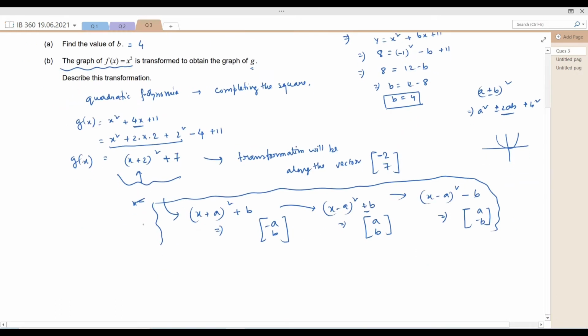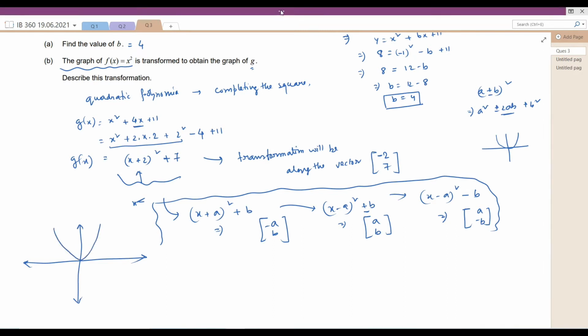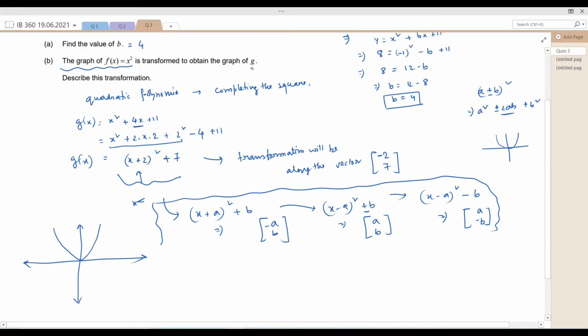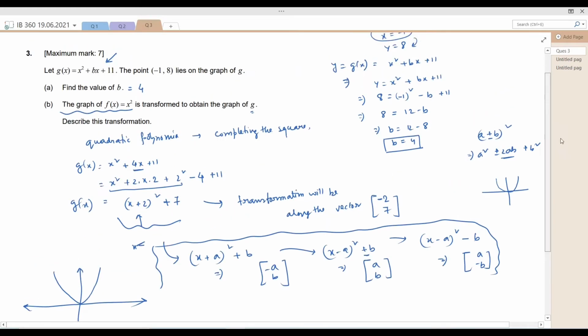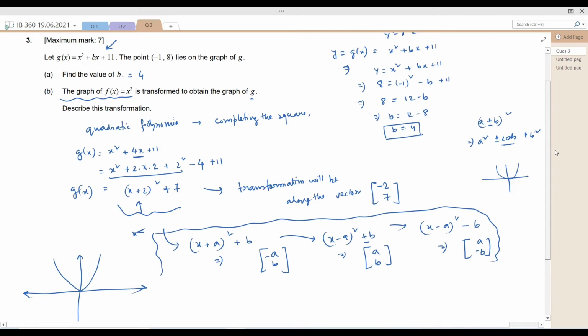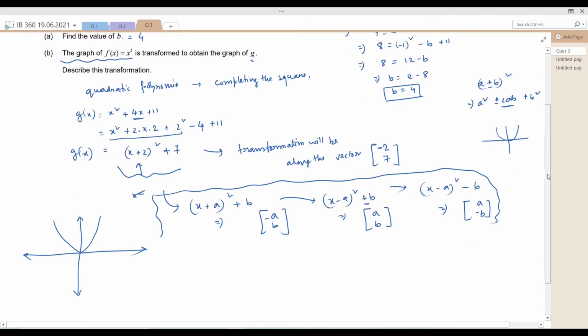If this is the graph of x square, then I will show it in the genuine graph. So if this is the value of x square, then after shifting, the graph of x square plus 4x plus 11 will be at minus 2, so minus 2 here and 7 here somewhere.